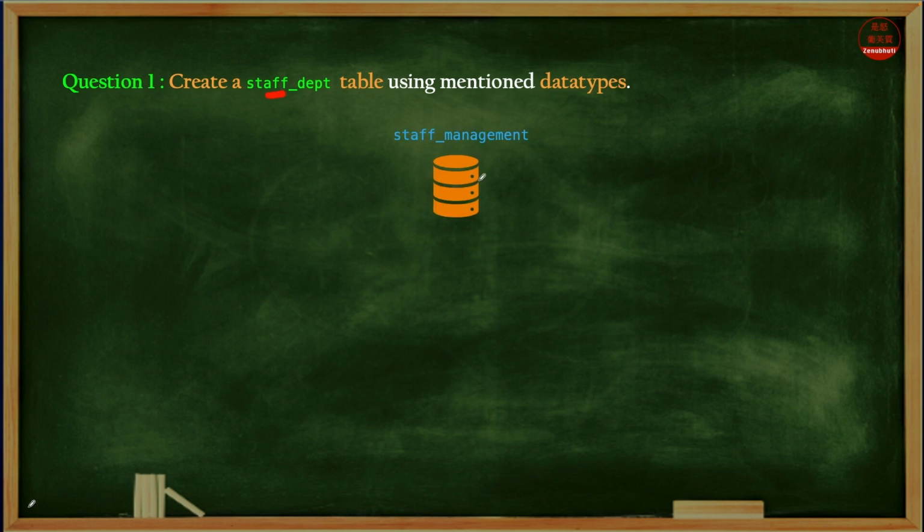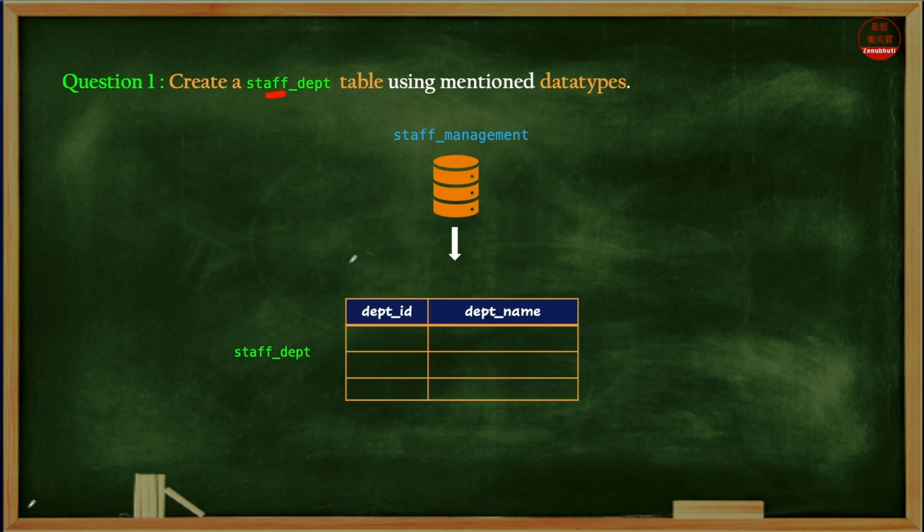So under the staff management database, we need to create a table called staff department, and there will be two columns, department ID and department name. And department ID will have integer data type and department name will have varchar data and its maximum size is 100.